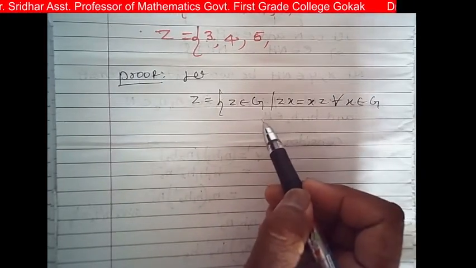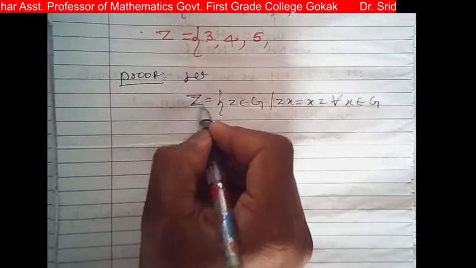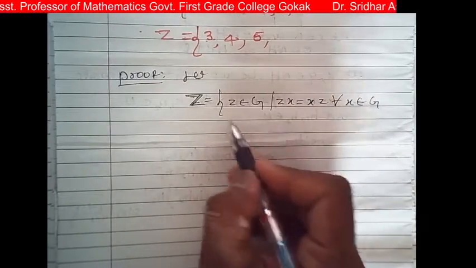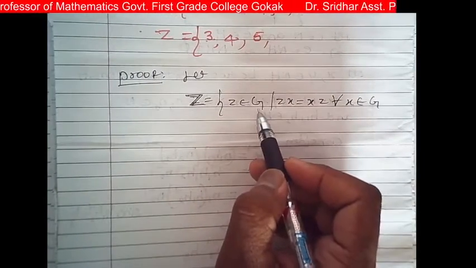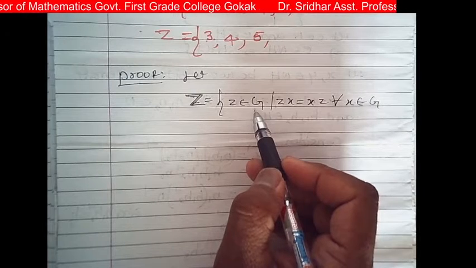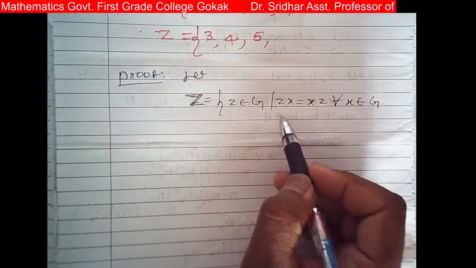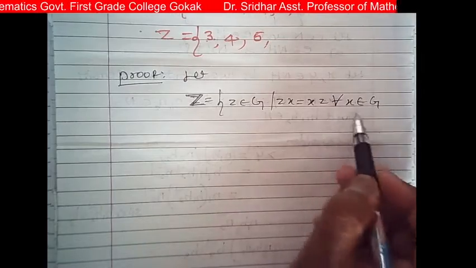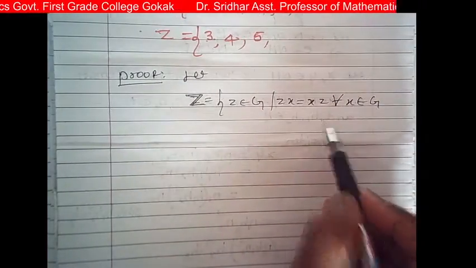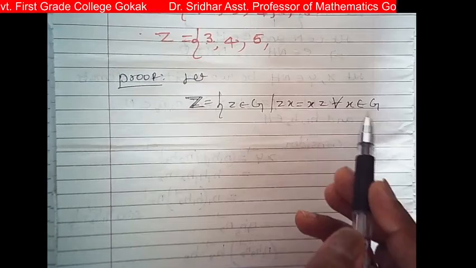Capital Z is the set of those elements which commute with each and every element of G, for all x belongs to G.